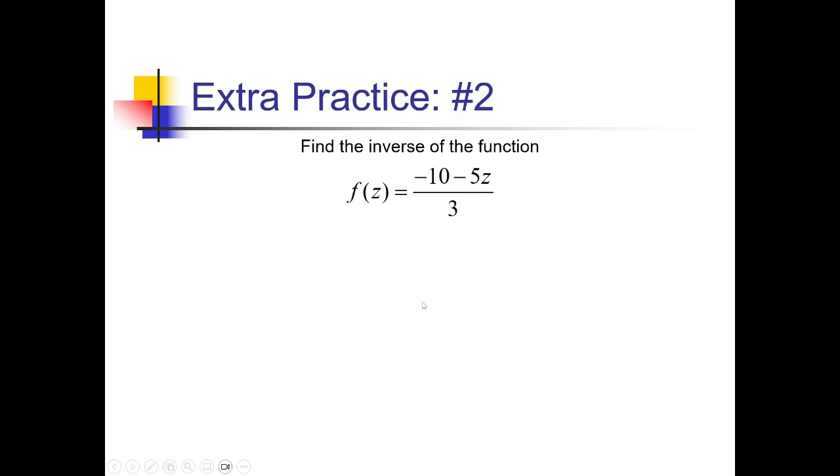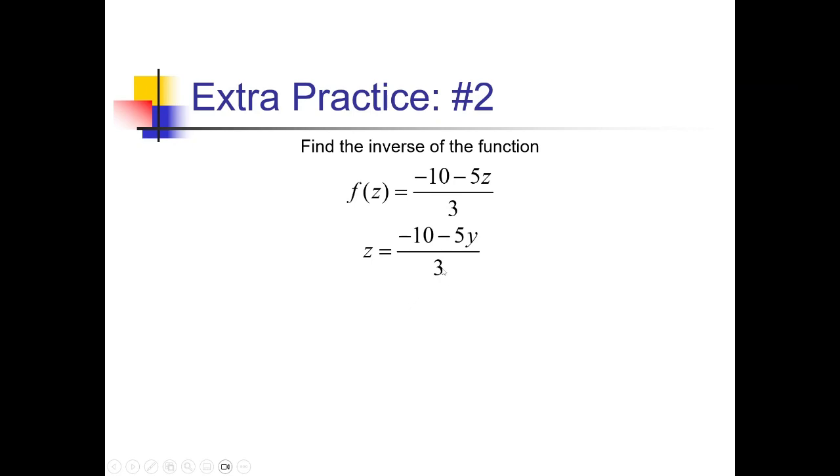Here we go with number 2. This one looks like it'll pass the horizontal line test. If you reduce everything here, this is really just a line when you get down to it. So let me start by rearranging things so that we have z equals negative 10 minus 5y over 3. Again, just input and output are switching here.